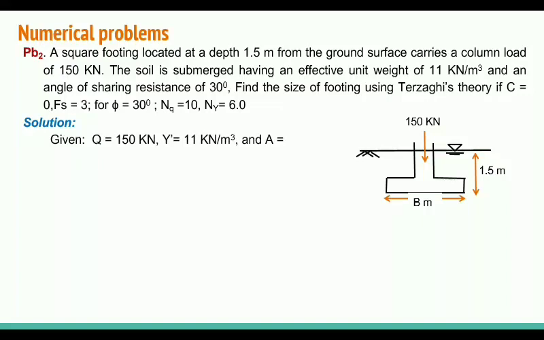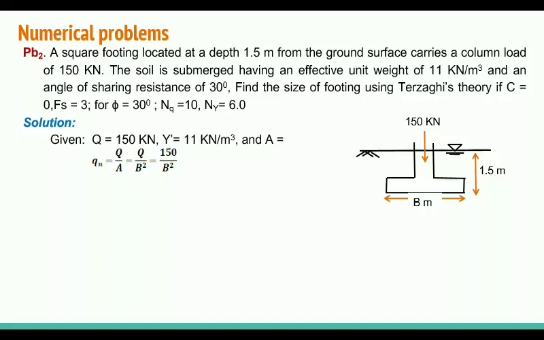So we can calculate the pressure developed at the base of the footing. Suppose the width of the footing is capital B. The area of the base of the footing will be B square because the shape of the foundation is square.